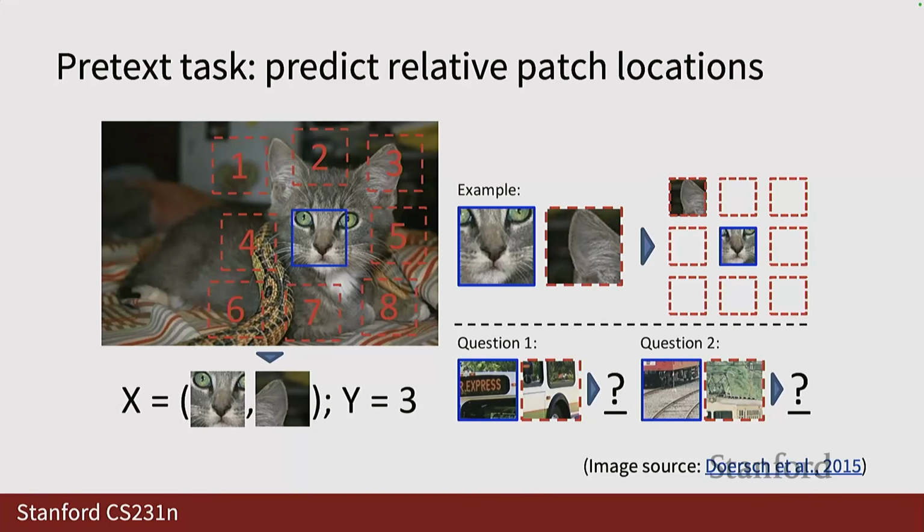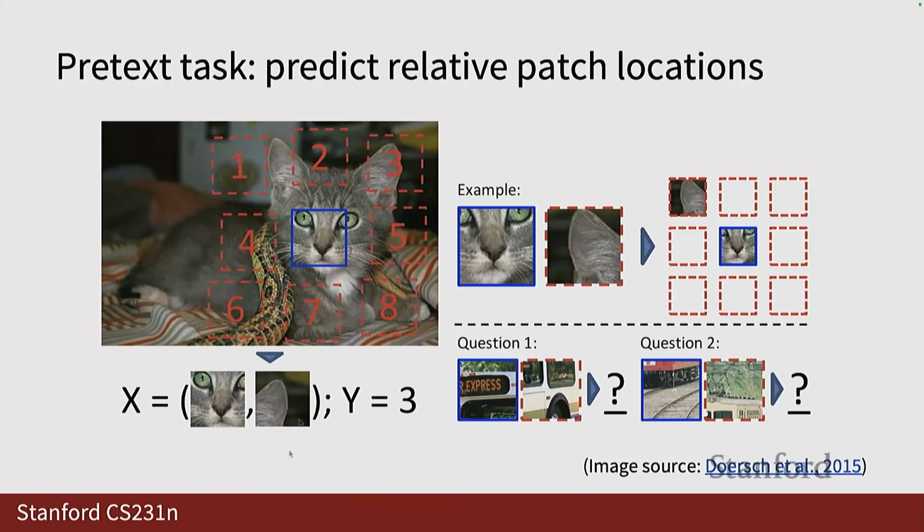Another popular pretext task was to create a 3x3 grid and then use networks to predict the location of each of the given patches with respect to the center patch. So for this patch, which is around here, the output should be 3, because we only have 8.